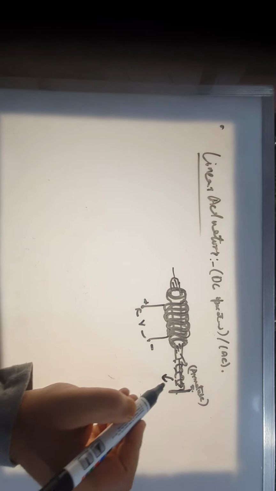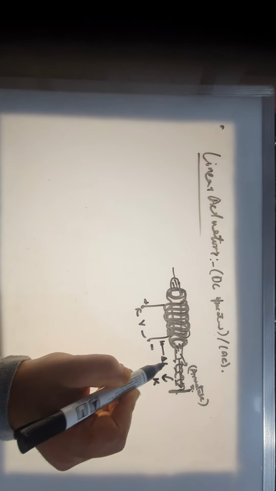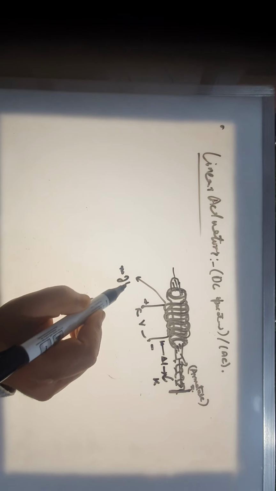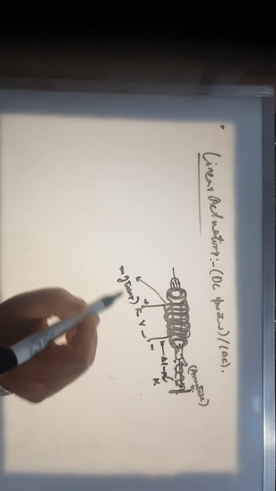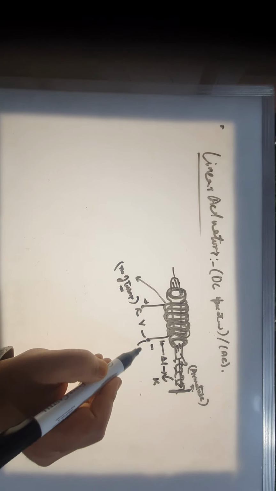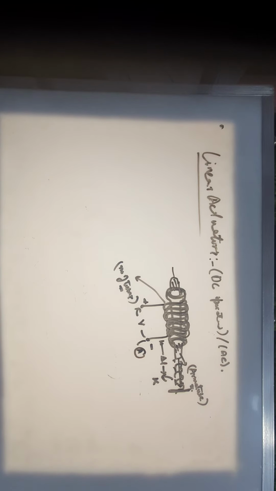It depends on the spring constant K, and it depends on the length that it has to move, the delta L. It depends on the number of turns of the coil that you have wound on it. It depends on the area of the cross section of the conductor that you have wound there. It depends on all of them.